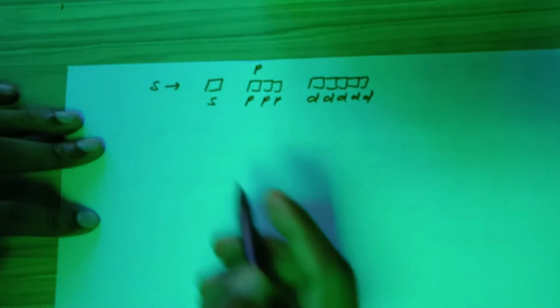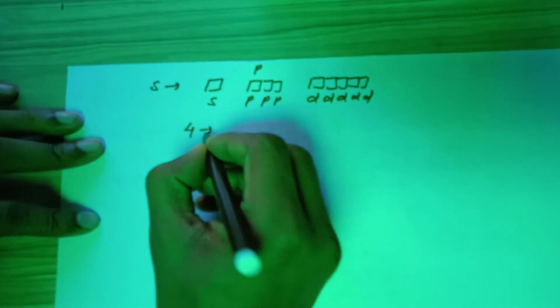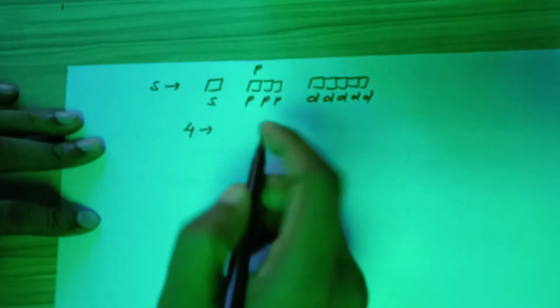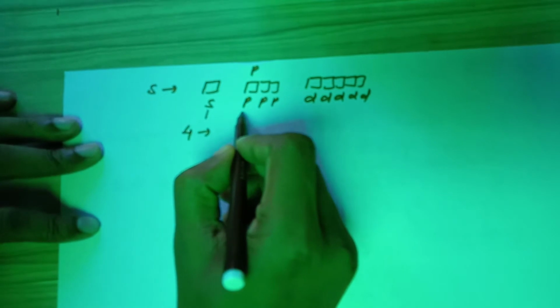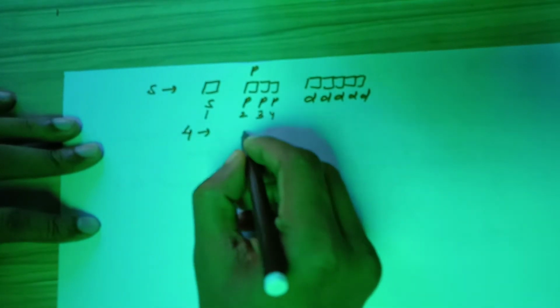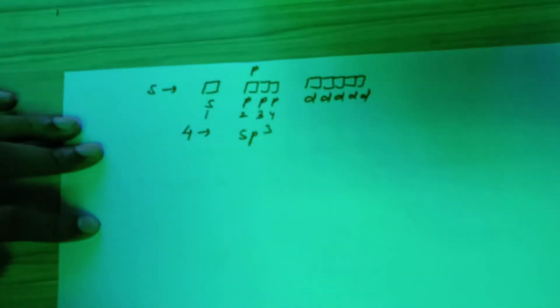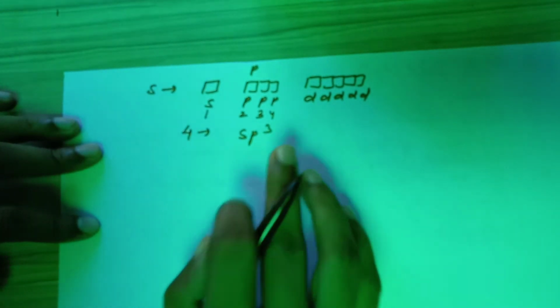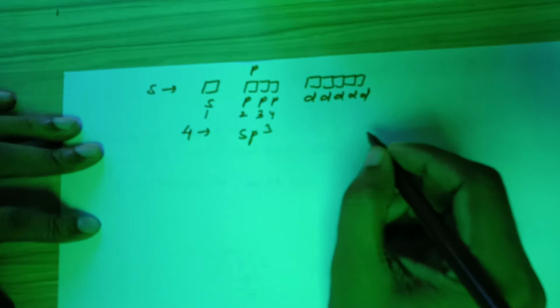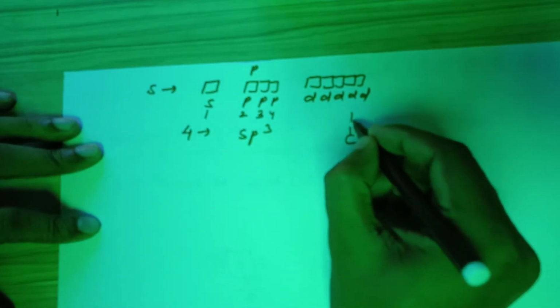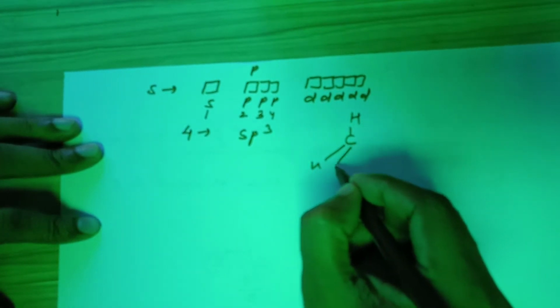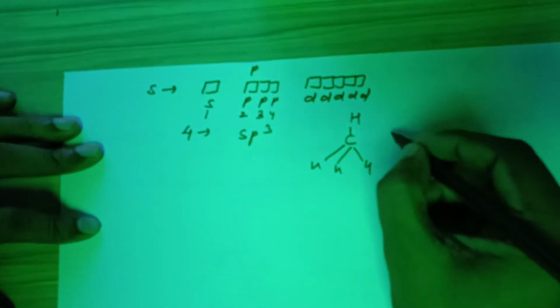Now since the bonds are 4, we can count up to 4 places: 1, 2, 3, 4. So it will be sp3. If we take these 4 orbitals, it will be sp3 hybridized and the shape will be tetrahedral.